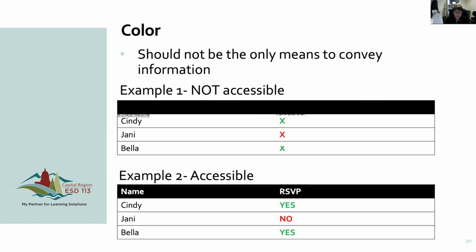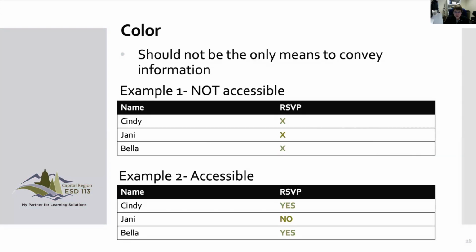So what's better to do is to use words. You can still use color to help with your information. Color is not a no-no. It just shouldn't be the only thing. So just to show you, I've used a little program called Color Oracle and taken a look at this same page, and then I took a screenshot so you can see what it looks like. So here's what it looks like if you had the red-green color blindness.